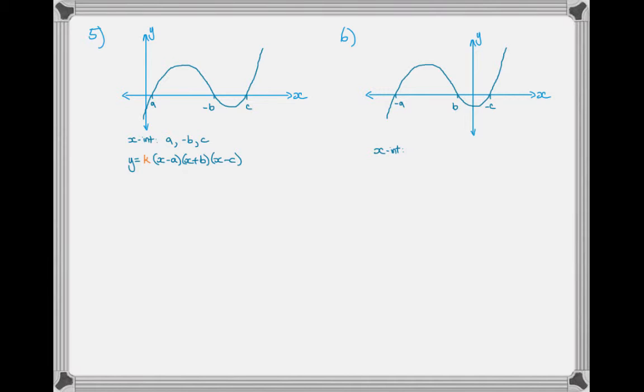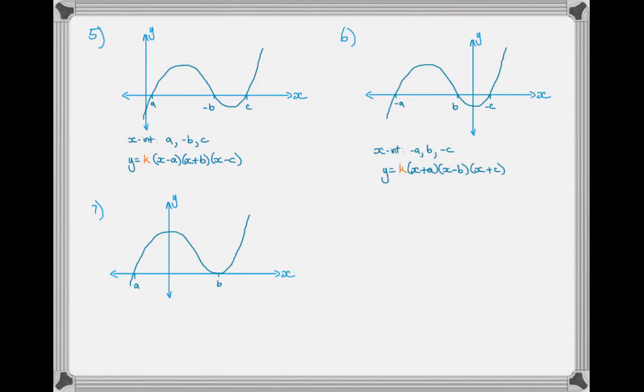State what your x-intercepts are, negative a, b, and negative c, and then write out your equation. So we've got x minus negative a, or x plus a, x minus b, and x minus negative c, which would become x plus c. So in each case, we're using the opposite sign of our x-intercepts in our equation here.